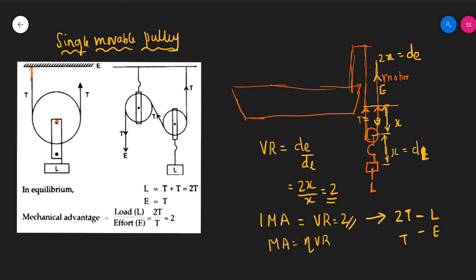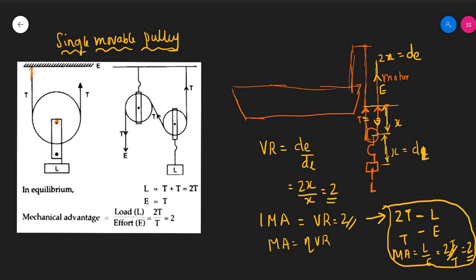So your MA you can look at as load by effort, which is also equal to 2T divided by T, and that is equal to 2. So you can look at it from a load angle, but usually it's better to come from the velocity ratio and then assign the value for your mechanical advantage.